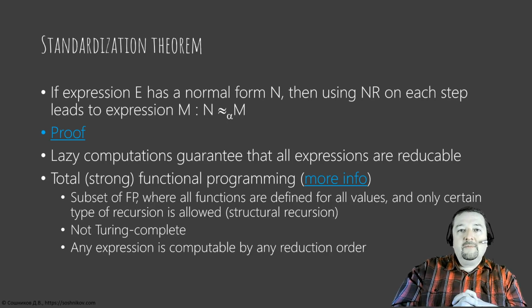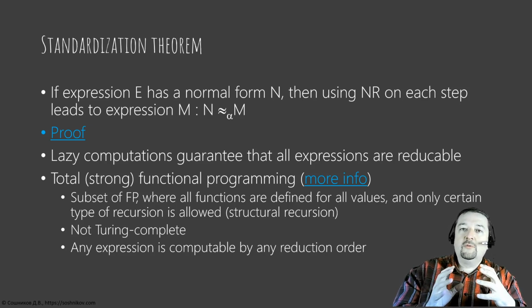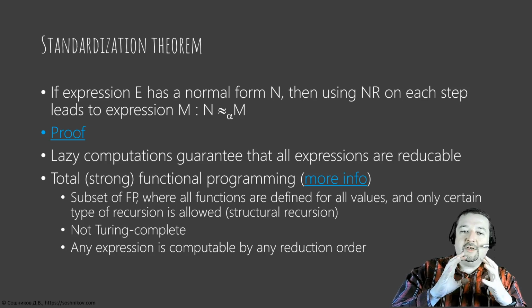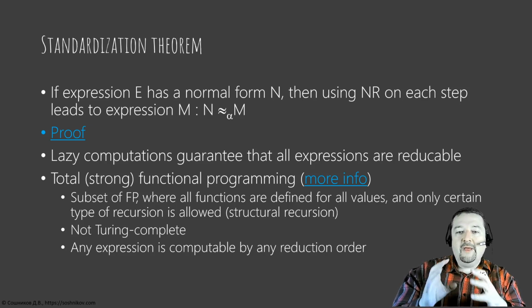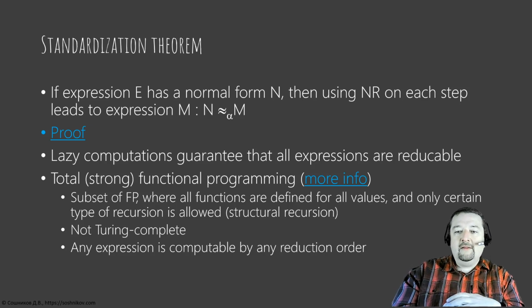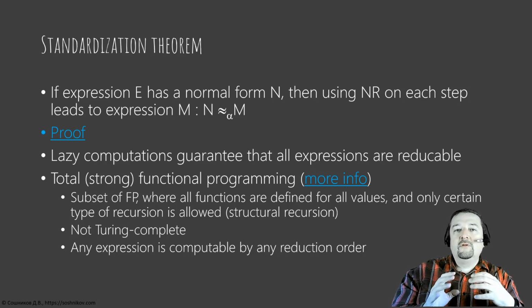So we have seen that normal reduction is in a way better, but it results in a more problematic implementation. So why is it better? Because in fact there is a theorem called the standardization theorem, which says that if there is an expression e and it has some normal form n, and by normal form we mean a form that cannot be further simplified or reduced, then if we use normal reduction on each step of the computation, we would arrive at the normal form.